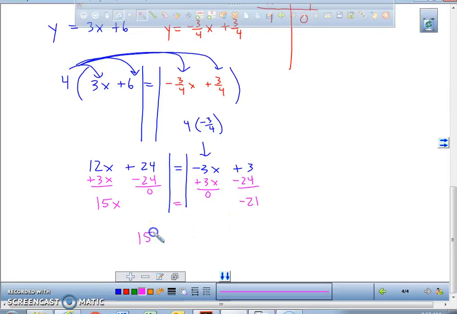So we have 15x equals -21, and we have to divide both sides by 15. And what is x equal to? What is -21/15? If we divide both sides by 3, what would that give us? All right, -7/5.